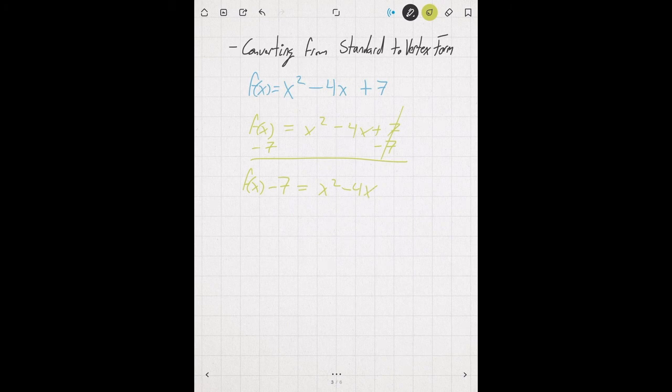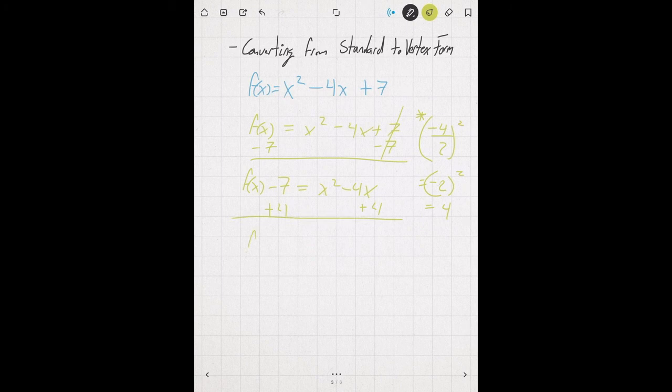Then we would take that value of b, which was negative 4, and divide it by 2 and square it. Remember, that was some side work that we would do. So we take negative 4 divided by 2, that's negative 2, and we would square it. That would be 4. That value that we figured out is what we would add to both sides. So let's add a 4 to both sides here.